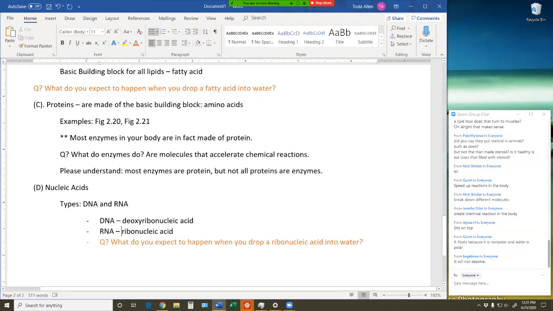Here's ribonucleic acid. There's a common idea that I'm driving at. Because yes, you're right, a fatty acid is not going to dissolve, but ribonucleic acid will dissolve. So that's not what I'm driving at. What am I driving at here?